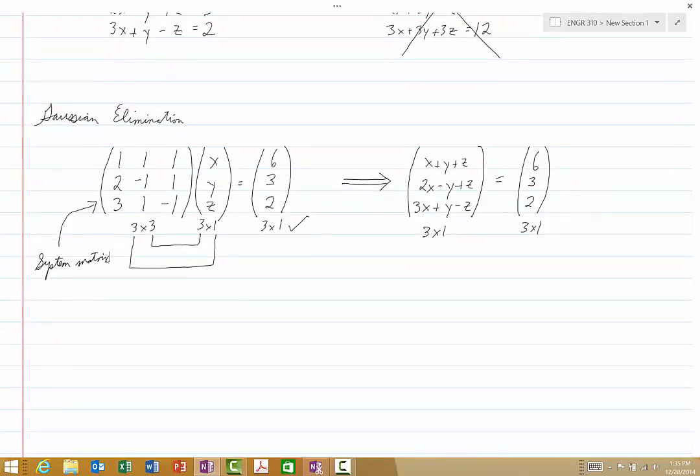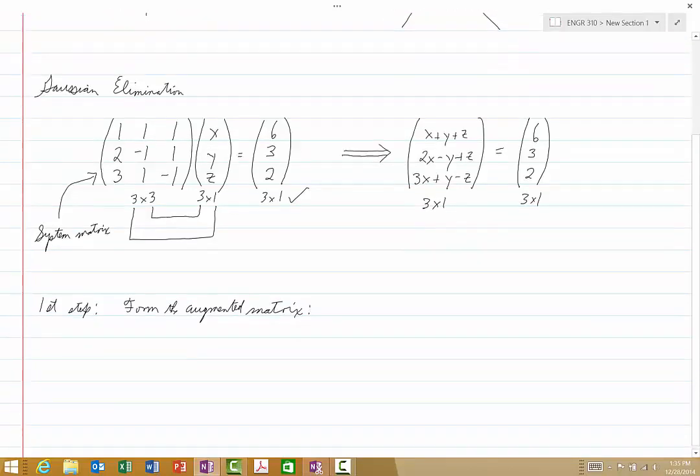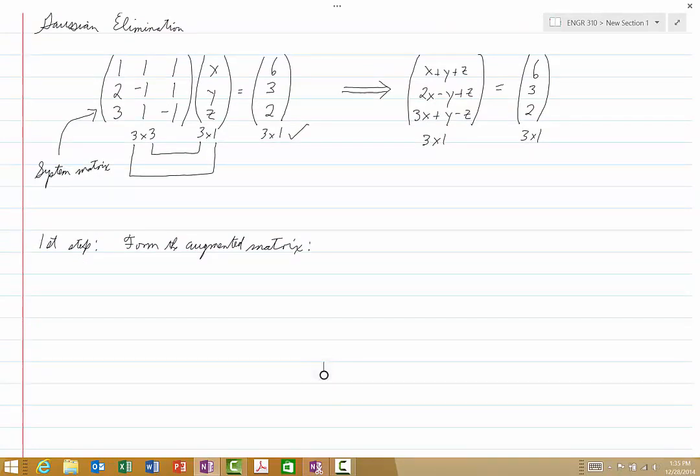So now for Gaussian elimination, first step, form the augmented matrix. Now, what is the augmented matrix? Well, it is simply the system matrix, 1, 1, 1, 2, negative 1, 1, 3, 1, negative 1. So that's the system matrix.